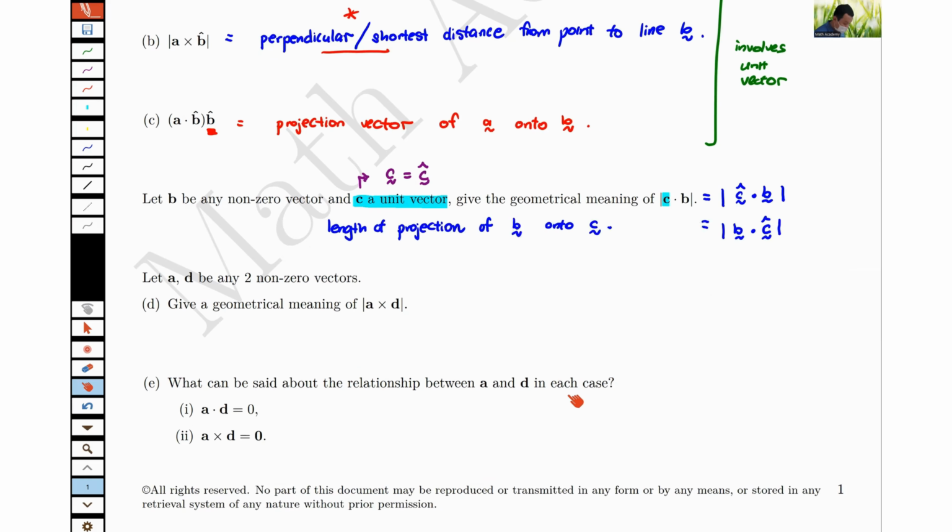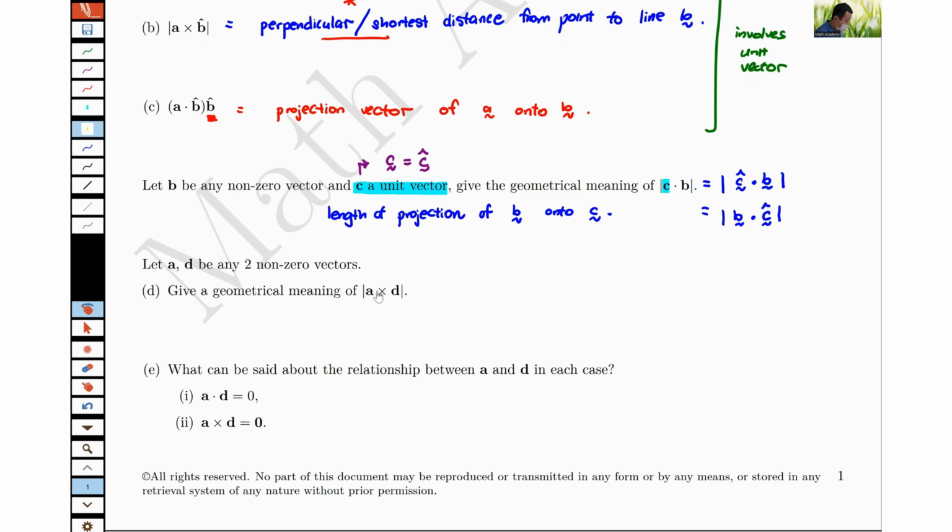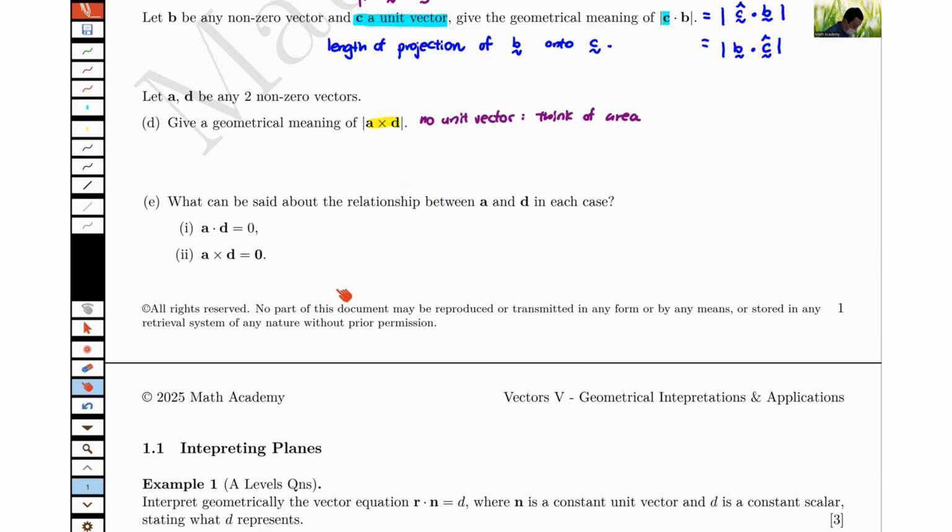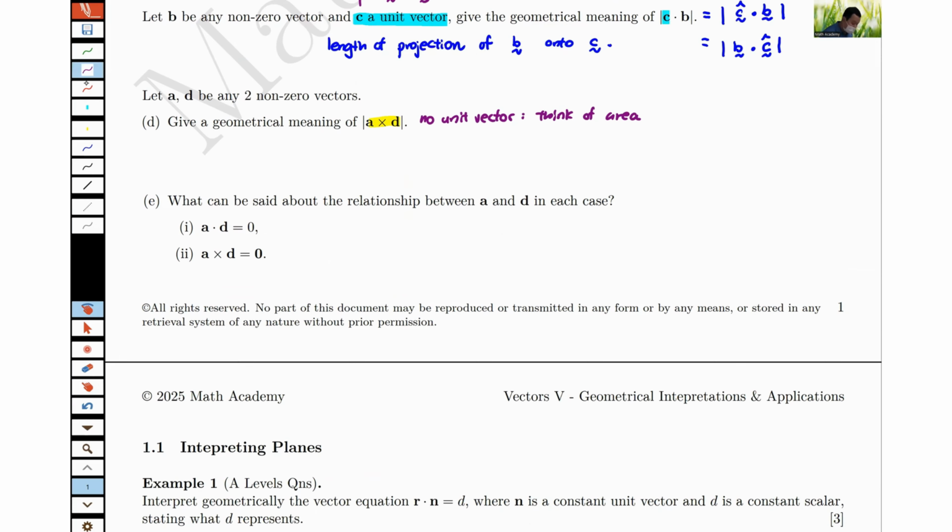Now, what about cross product, where for this cross product, there isn't any unit vectors? The previous cross product had 1 unit vector. So if there isn't any unit vector, you should think of area. For cross product, you don't see unit vector, but they want you to describe, think of areas. What I mean by thinking about area is there are 2 possible solutions.